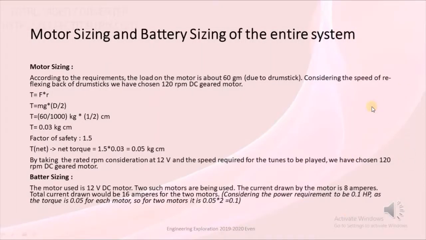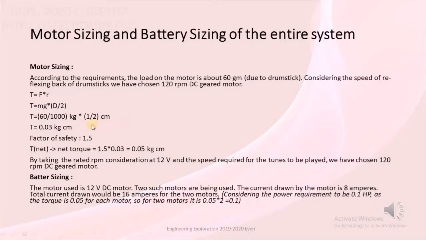This is the motor sizing and the battery sizing of the entire system. The load on the motor is 60 gram due to the drumsticks. Considering the speed of reflexing back of drumsticks, we have chosen 120 RPM DC geared motors. The calculation: total torque is the product of force and the diameter divided by 2.